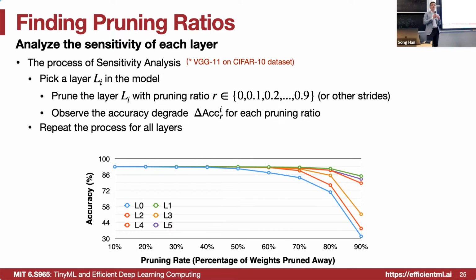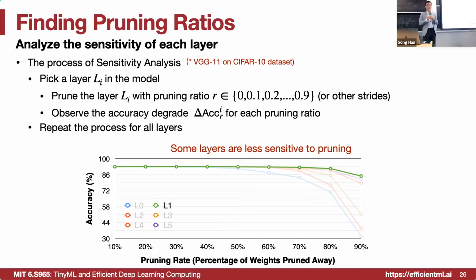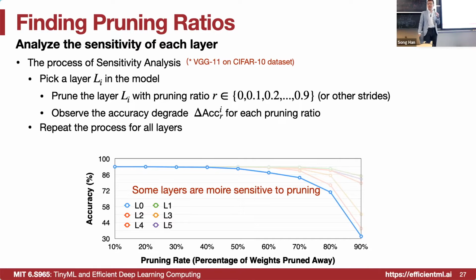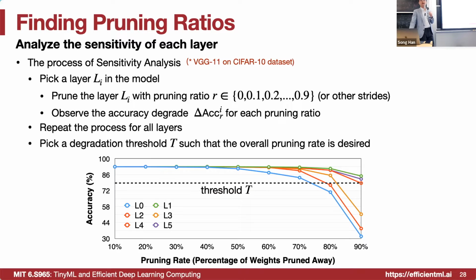And here is the sensitivity for all the layers. Some of the layers, like this green layer, are less sensitive to pruning. You can prune a lot without hurting accuracy. Some of the layers are pretty sensitive to pruning, so we should prune less. Then how do we choose the pruning ratio? Let's just give a threshold. Say we want to lose no more than 5% or 10% of the accuracy.